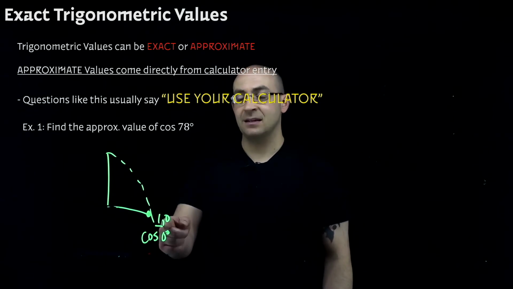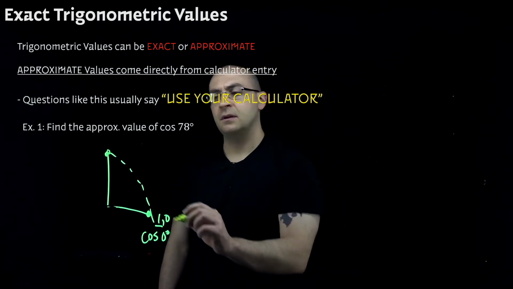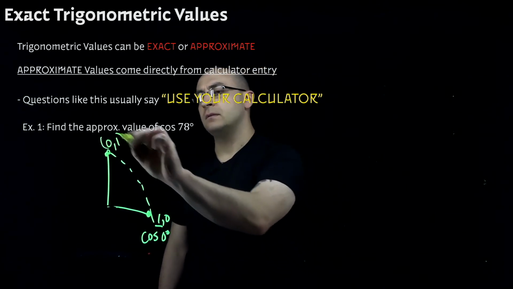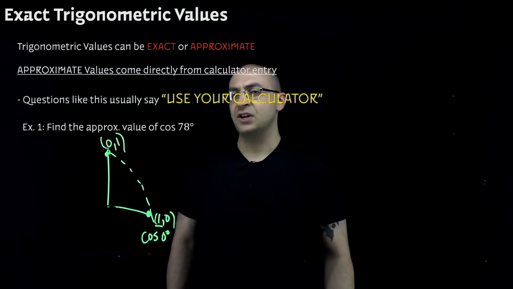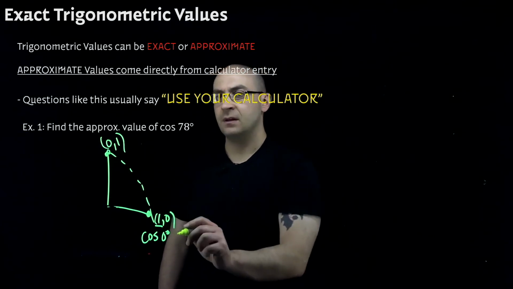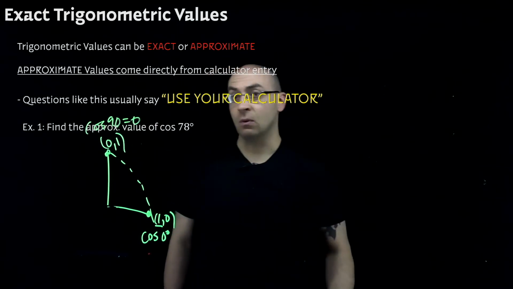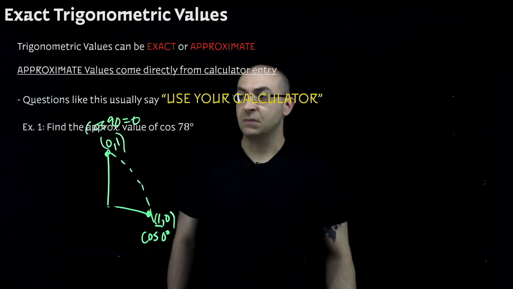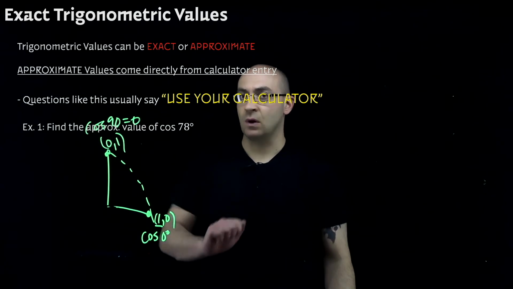Cosine is x. That's 1. This point here is 0, 1. This is cosine of 90 degrees because this is the 90 degree angle. So cosine of 90 is 0. Cosine of 0 is 1.